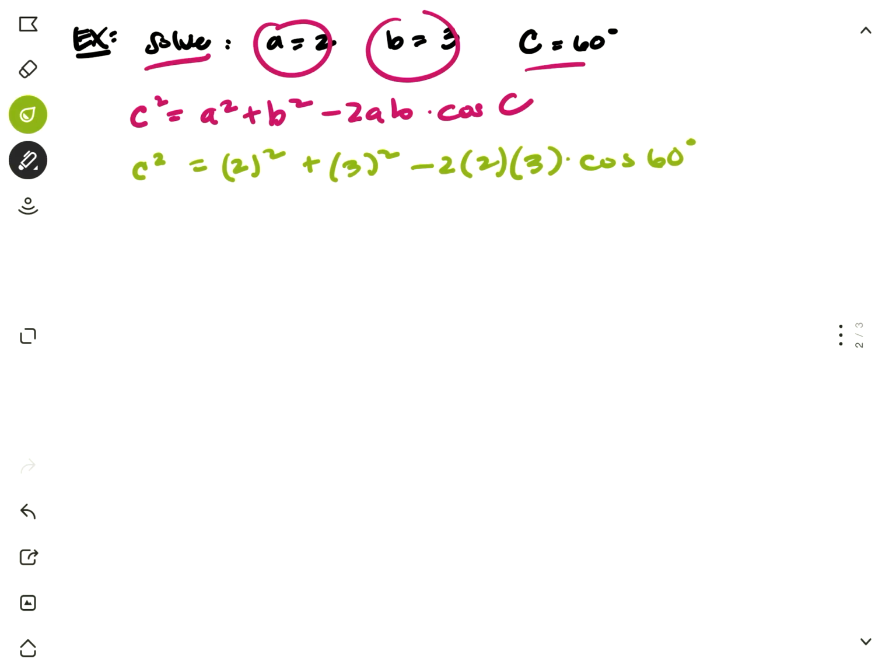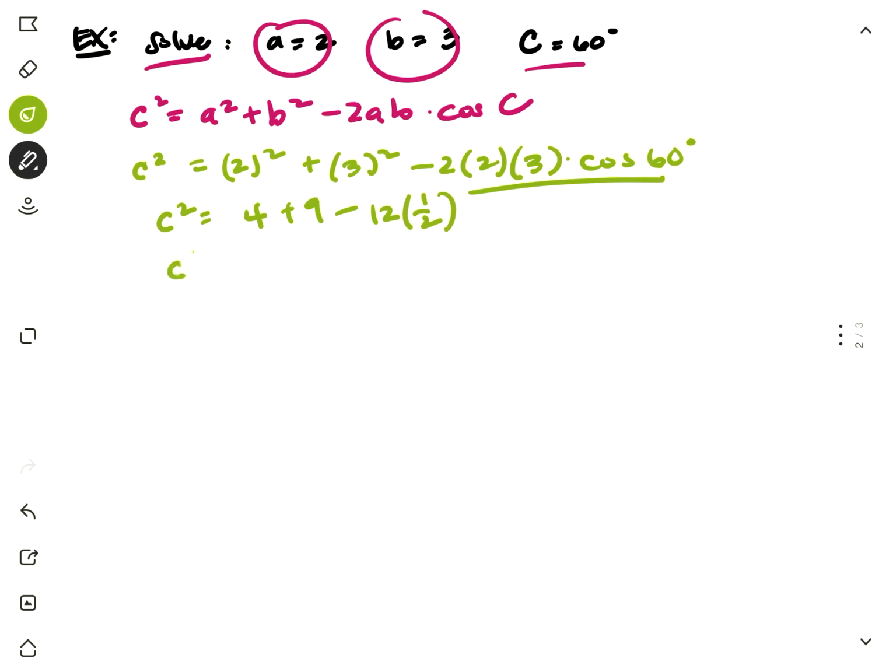Let's simplify this a bit. c squared equals 4 plus 9 minus, now be careful, this is all one multiplication, so you can't just subtract yet. 2 times 2 is 4, times 3 is 12, times cosine 60, which is 1/2.